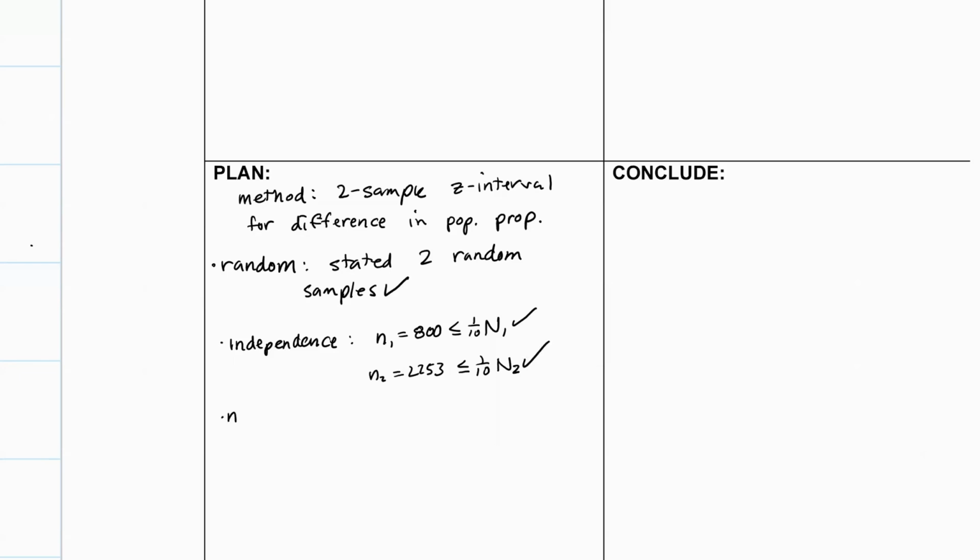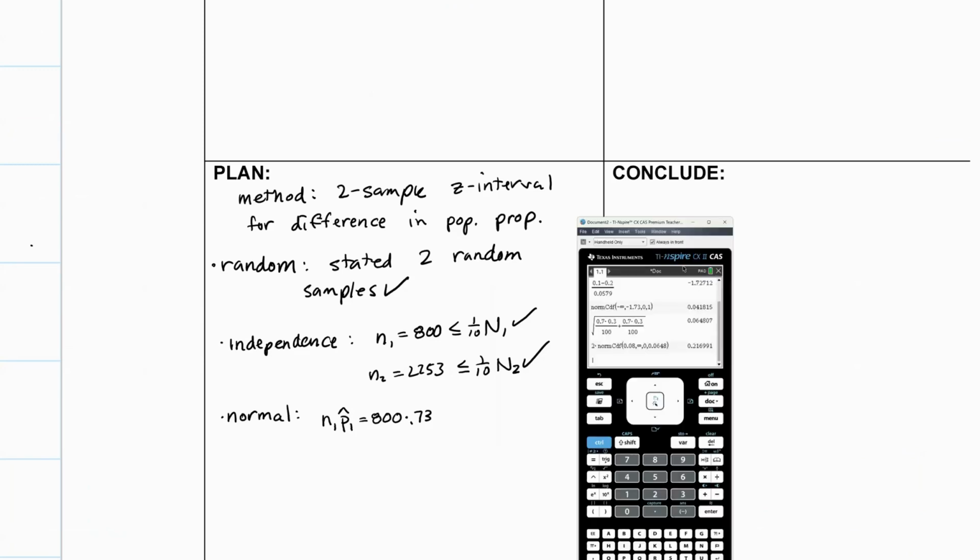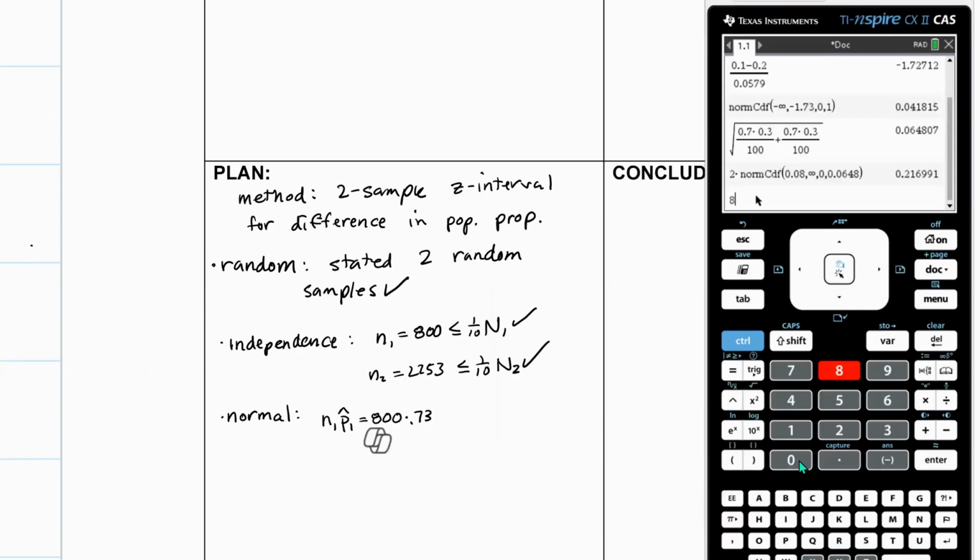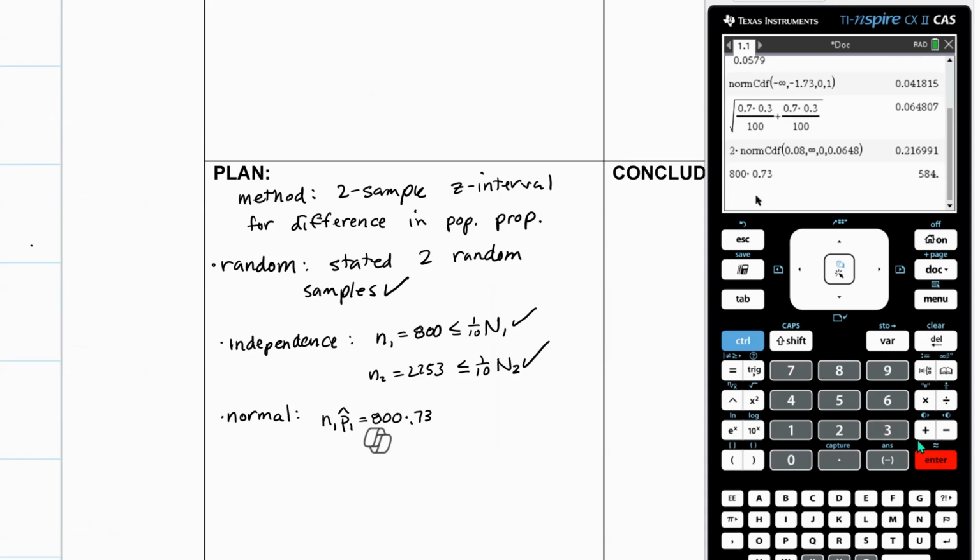And then lastly, our normal condition. N1 times P1. Well, we don't know what P1 is. So really, we'll have to take a best guess, and that's going to be P hat 1, which is going to be 800 times 73%. Now, I'm going to break out the calculator on this. And we're going to find out that 800 times 73% ends up being 584.